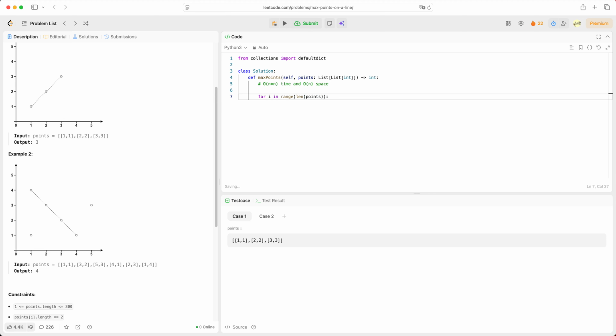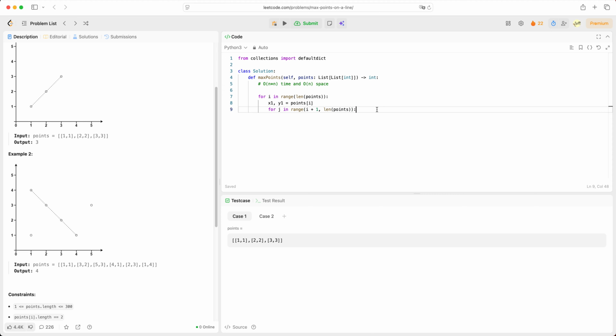So this will be our outer loop. We're just going to loop with an i over the index of all of the first points. I'll just call them x1, y1, points i. So this will be the first one. And now for the second loop, we actually only have to loop over the points that come after our point.